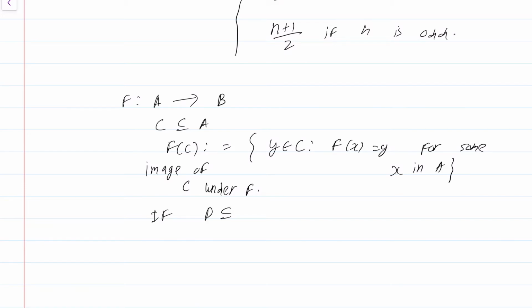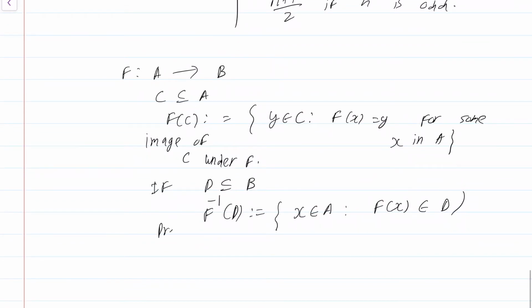If D is a subset of B, then F inverse D is defined to be the collection of all x in A such that f of x is an element of D. This is written f with a -1 on top, and it's read pre-image of D or inverse image of D.